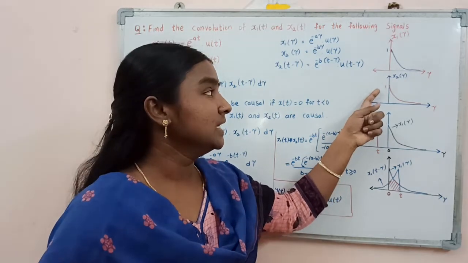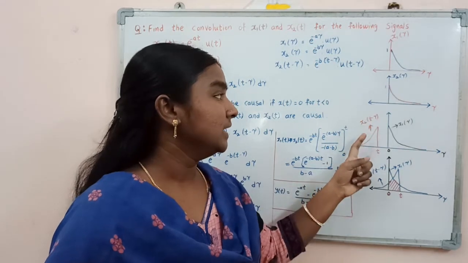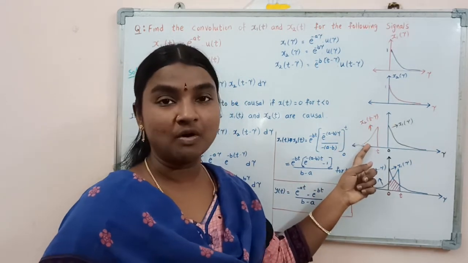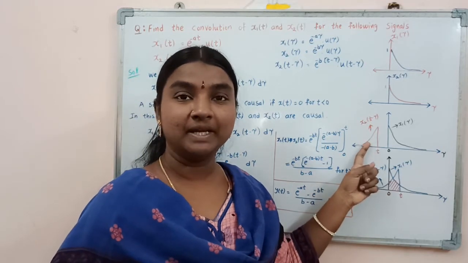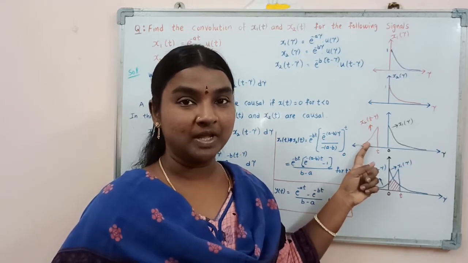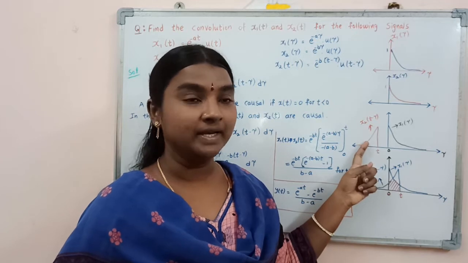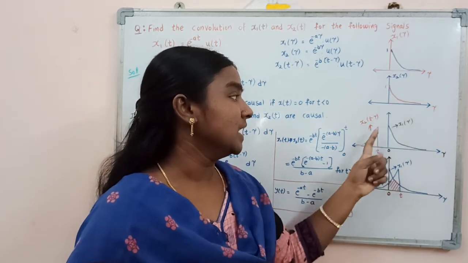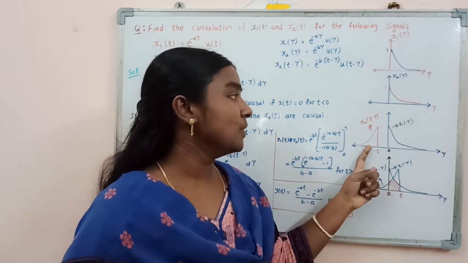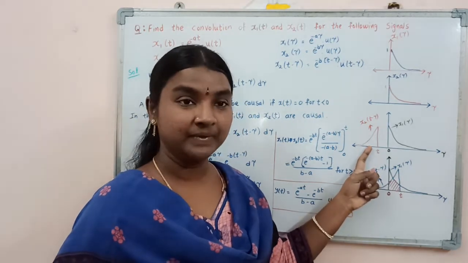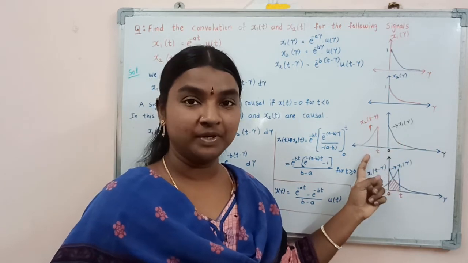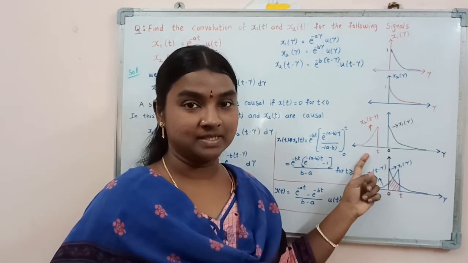Here I considered x2 of tau, and the reversal signal is going to be x2 of minus tau. Then, by considering a large negative time shift, we draw this signal in the second quadrant. So this is the x2 of t minus tau signal, and this is the x1 of tau signal, and both the signals are drawn on the same tau axis.